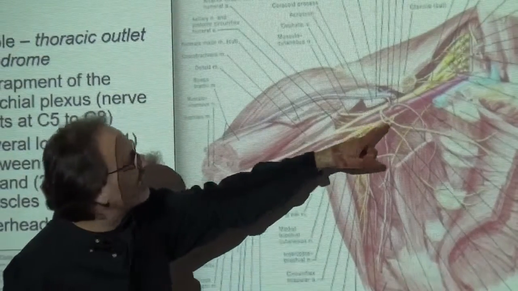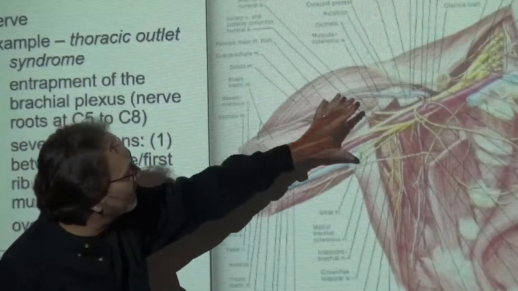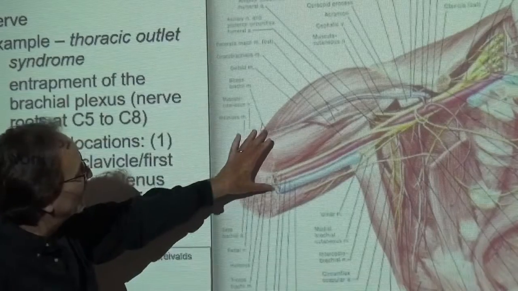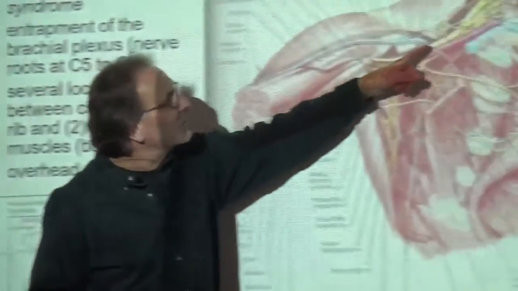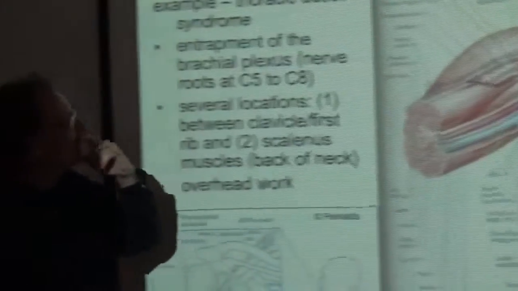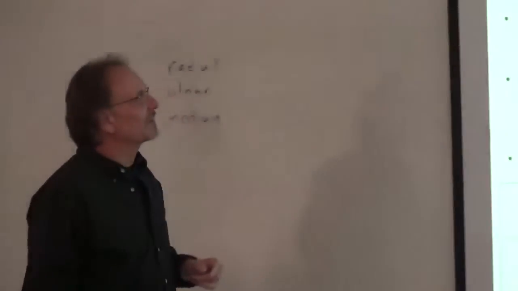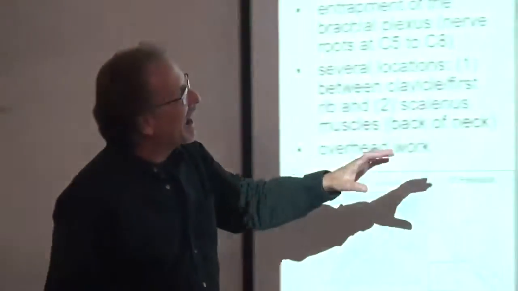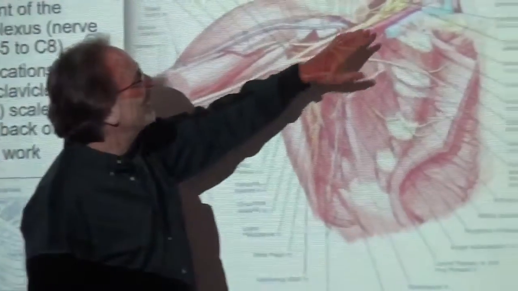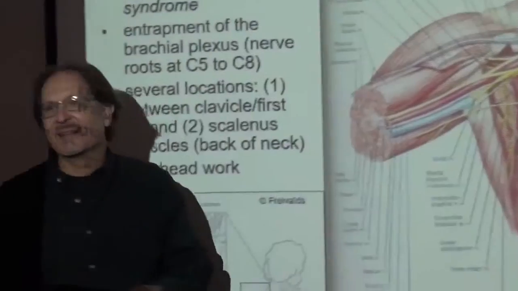You can see everything that passes through there, and it provides blood flow and innervation for the entire arm as it passes through that subclavian plexus there. So if you have entrapment at the plexus, that's referred to as thoracic outlet syndrome.